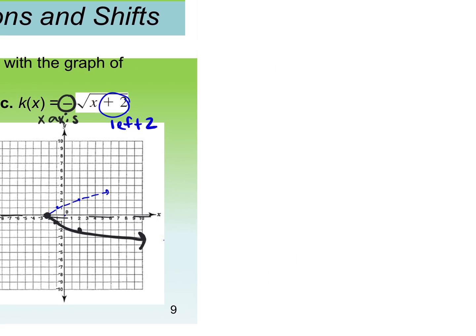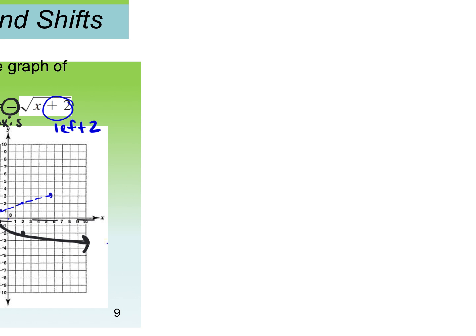Now with reflections, there's one case that we have to be careful with. If I had something like the square root of negative x plus 2, when you have a shift left or right and a reflection on the y-axis, so it would flip left or right, we need to be careful.